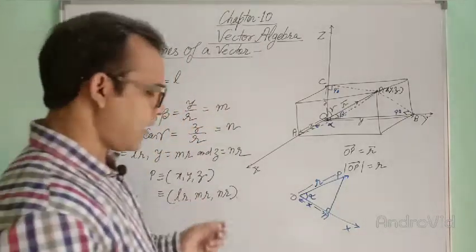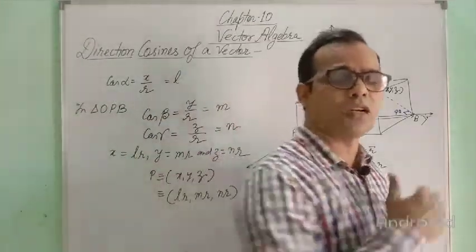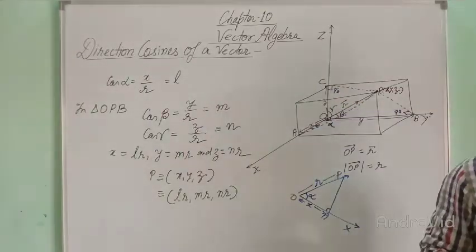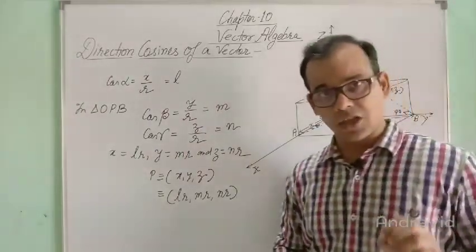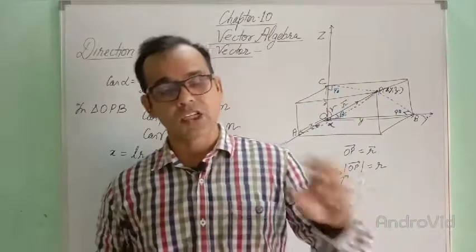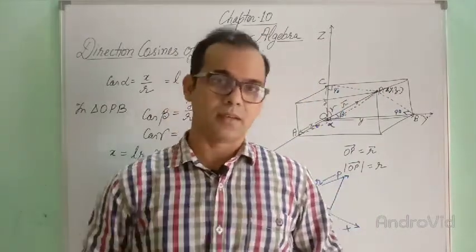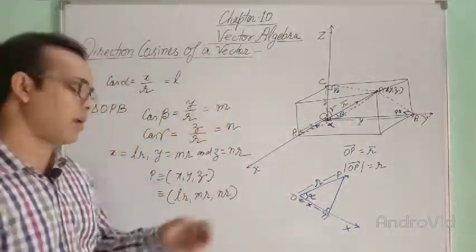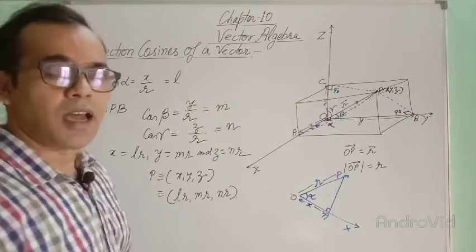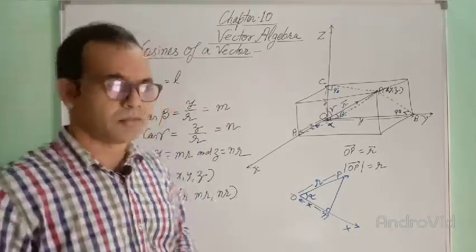Now LR, MR, NR that are proportional to the direction cosines of the given vector are termed as the direction ratios or direction numbers of the given vector. Means LR, MR, NR are called the direction ratios.